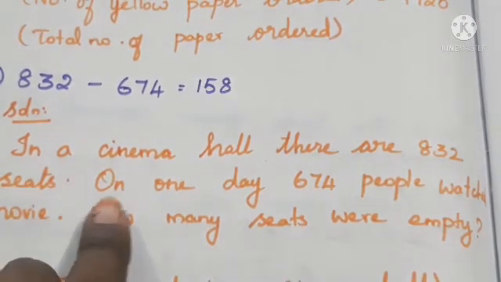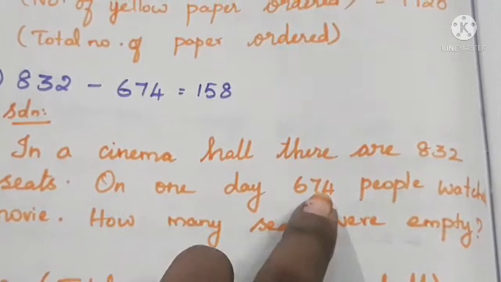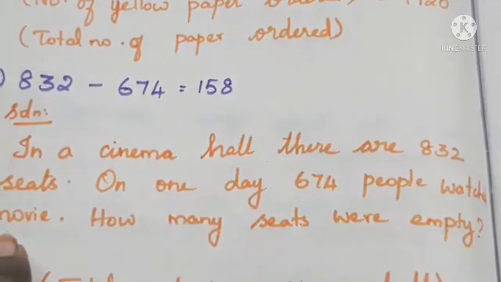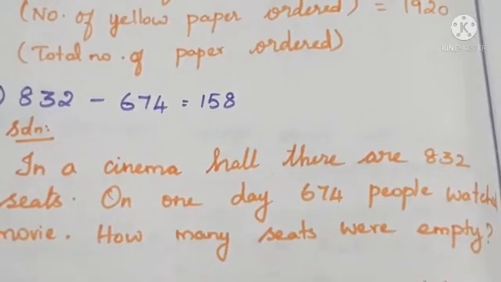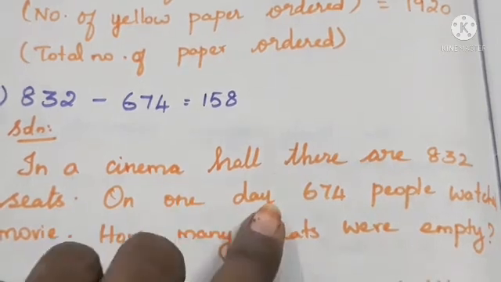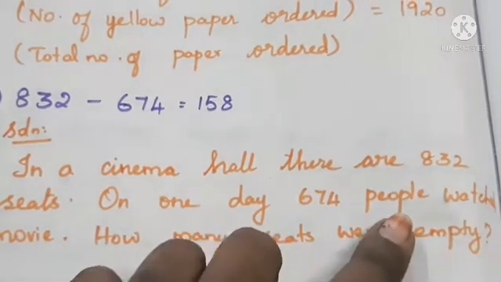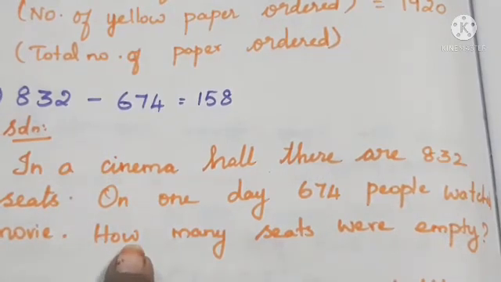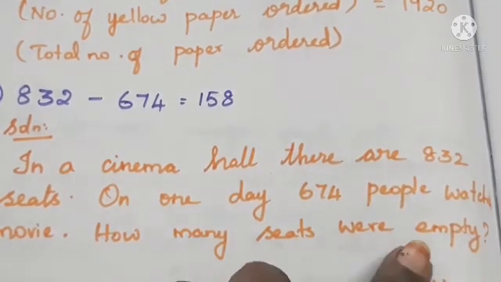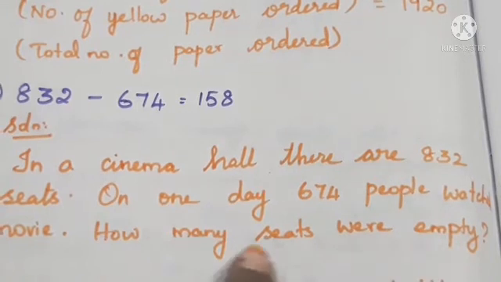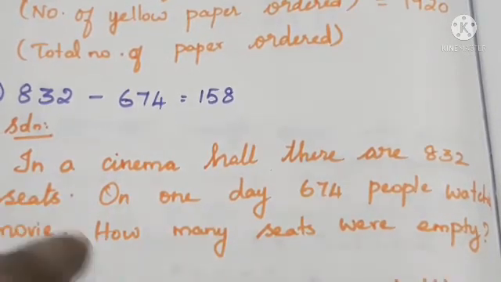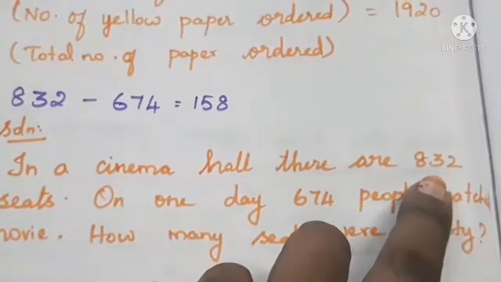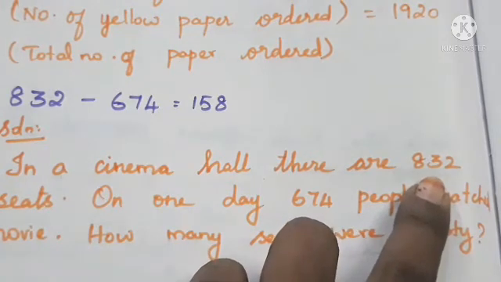On one day 674 people watched the movie. And how many seats were empty? This is the total number of seats available in the cinema hall.